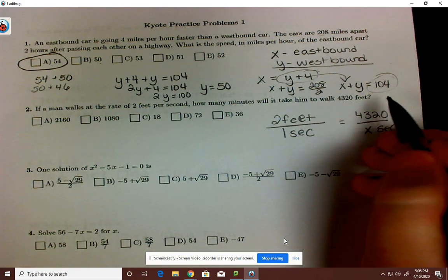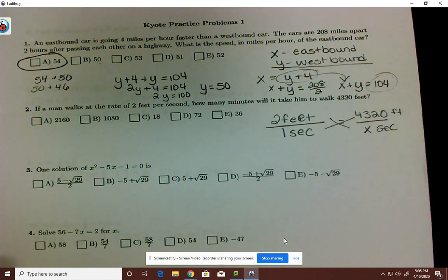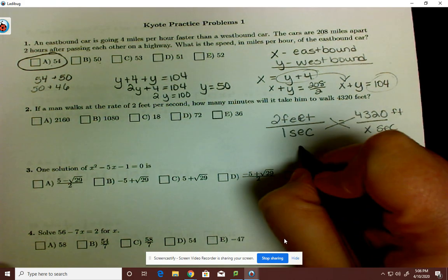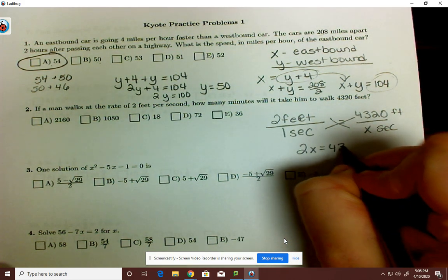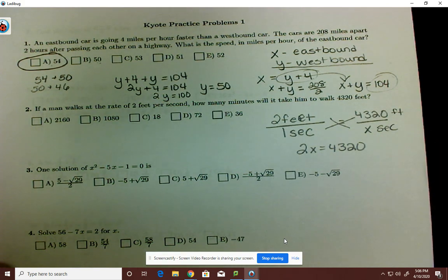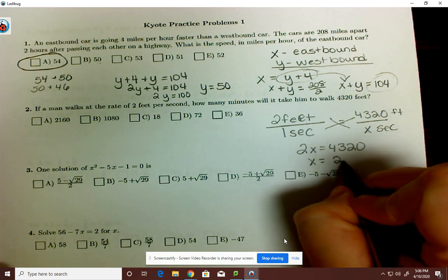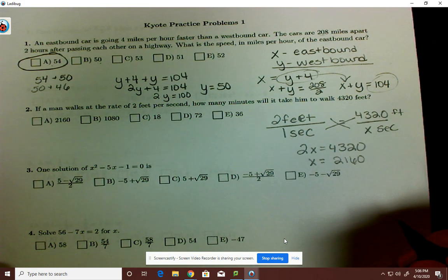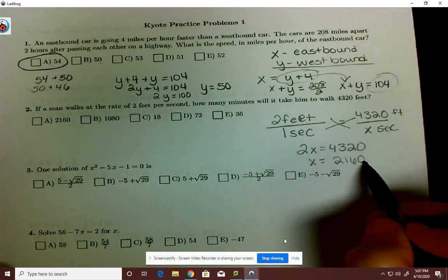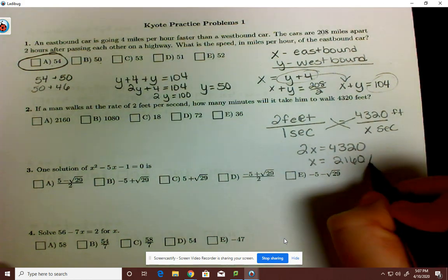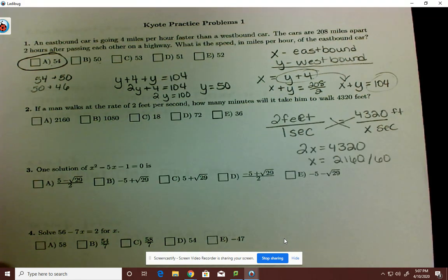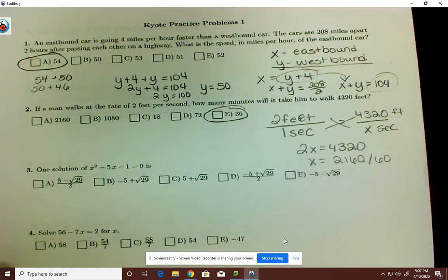So what I would do is I would cross multiply. So that's 2,160 seconds. So to figure out what that is in minutes, divide that by 60, because there's 60 seconds in a minute, and that would give you 36.